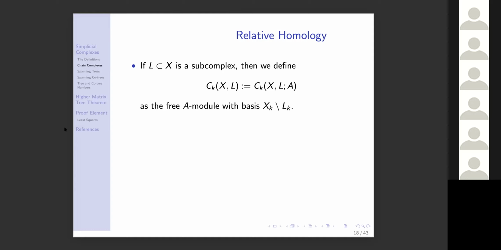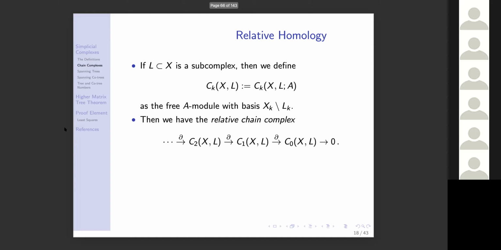So you remove the K simplices of L from the K simplices of X. The same boundary formula for the boundary operator works here. It's the same definition, so I won't write it down. It just works the same exact way.